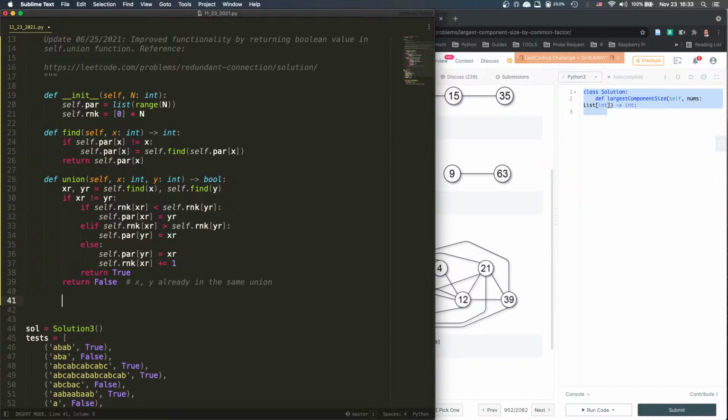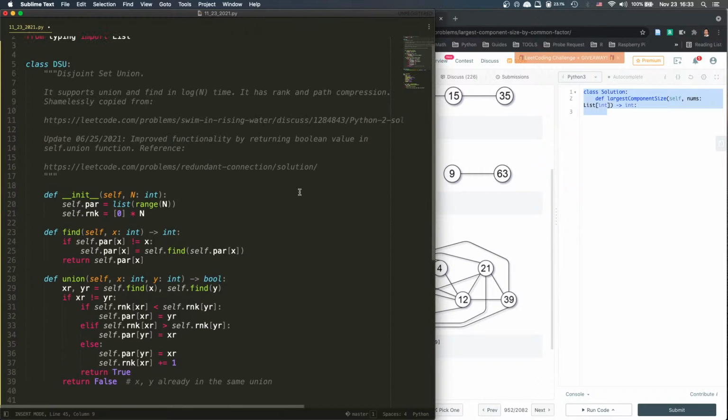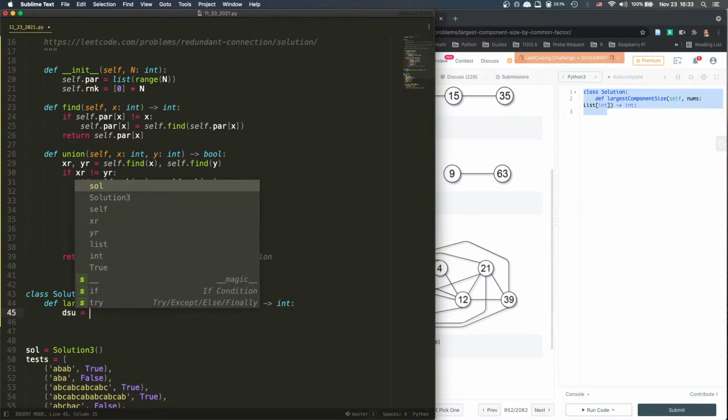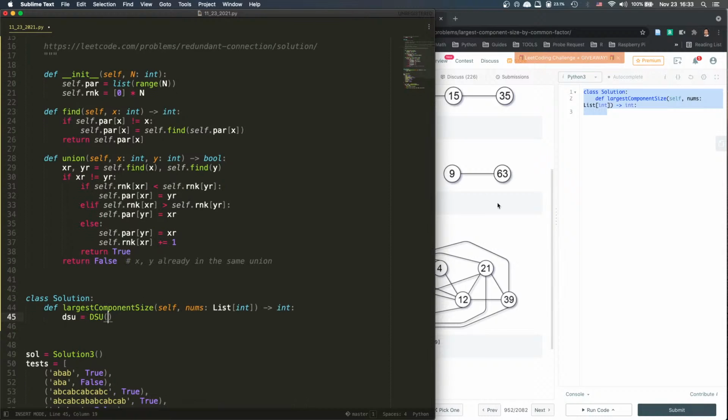Okay, so for this one, we need to create a DSU. So create DSU equal to DSU. We need an n. What is n? n shall be the largest value in nums, right? Because every value needs to be inside.